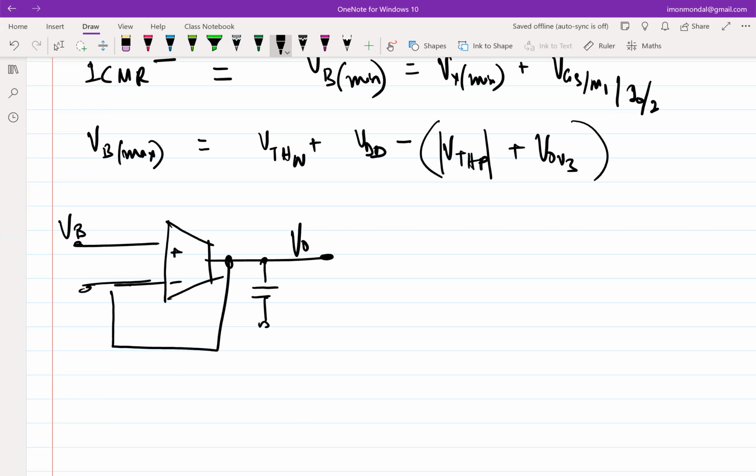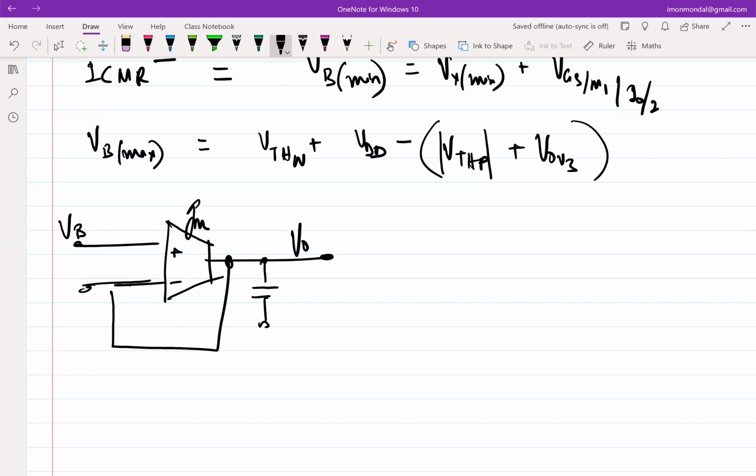Assuming no channel length modulation and all, this is an ideal voltage controlled current source of value, let's say, some GM. So what is going to happen? Which equation should I solve to find that out? It can be done in two ways, but let's do the obvious way first.